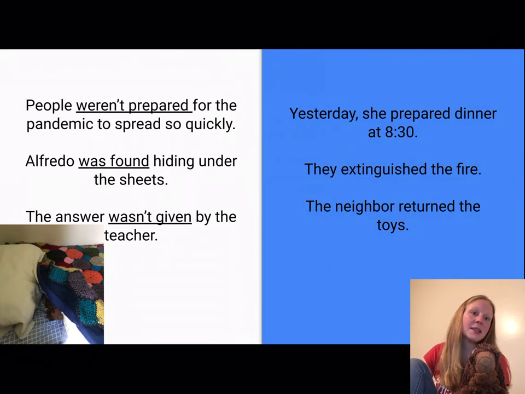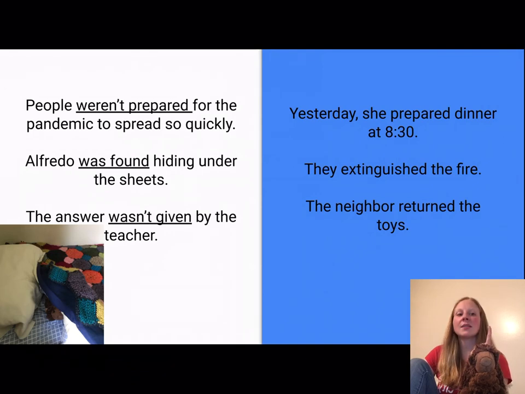Another way of saying this sentence, if I wanted to include myself in it, would be to say, Alfredo was found by me hiding under the sheets. The last one, the answer wasn't given by the teacher. Notice how we're still using that preposition by to let you know who did the action.